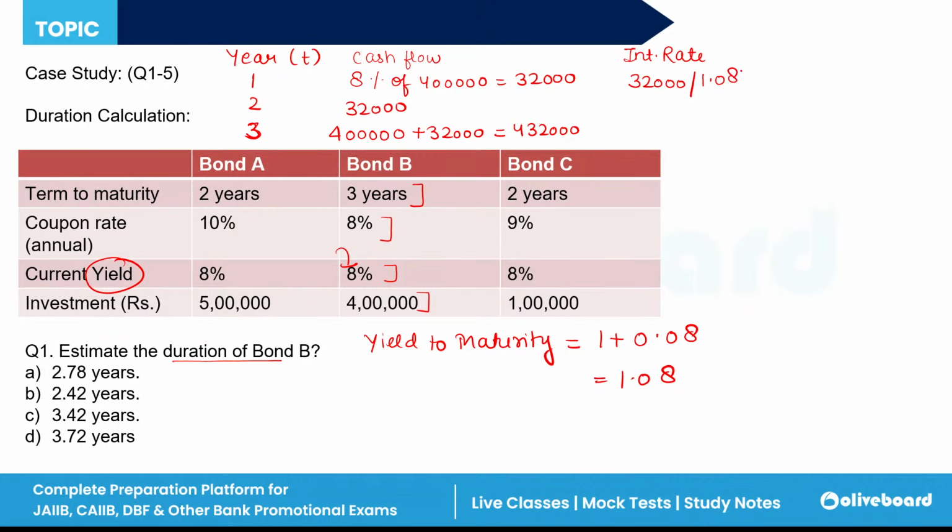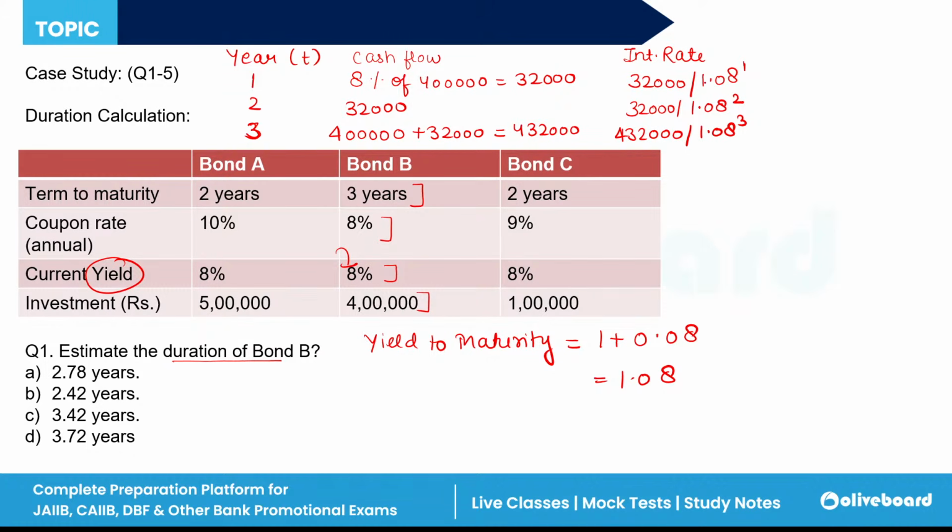Year 1 cash flow is discounted by 1 year, so 32,000 divided by 1.08 to the power 1. Then 32,000 divided by 1.08 power 2, because year 2 cash flow is discounted by 2 years. Then 4 lakh 32,000 divided by 1.08 power 3.